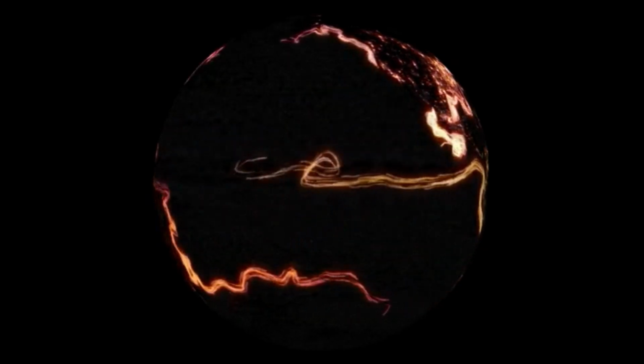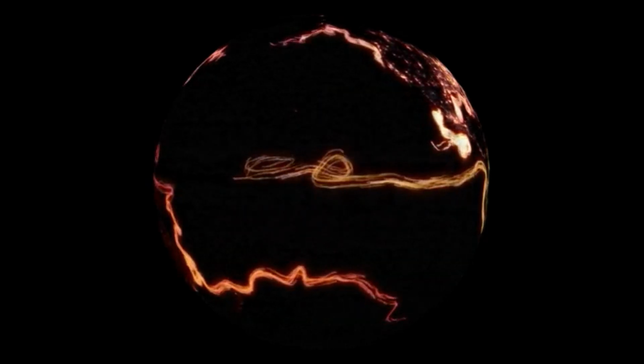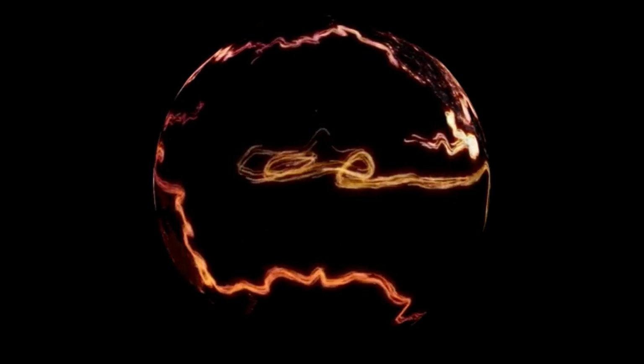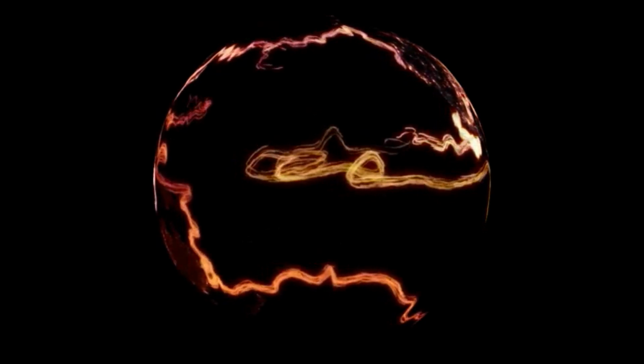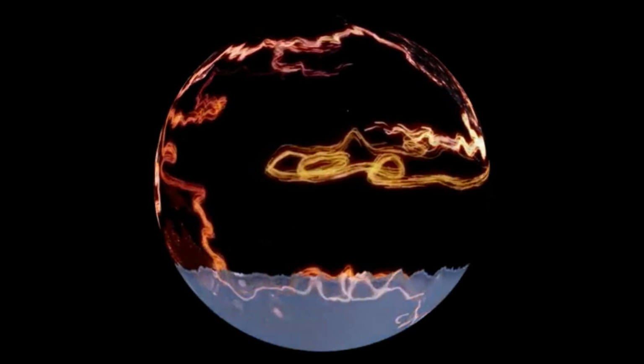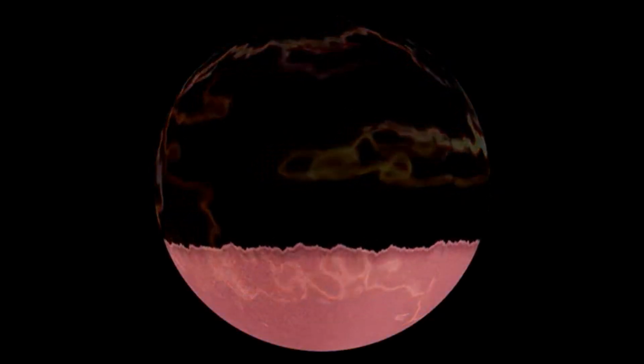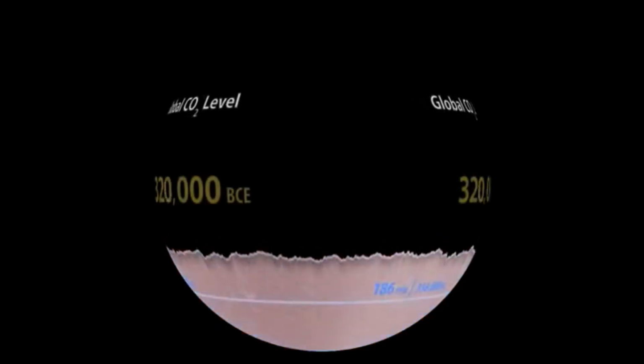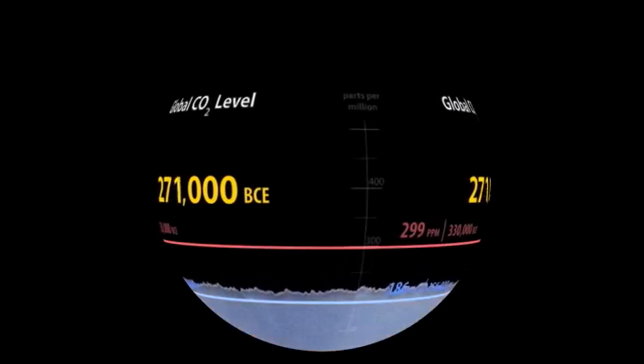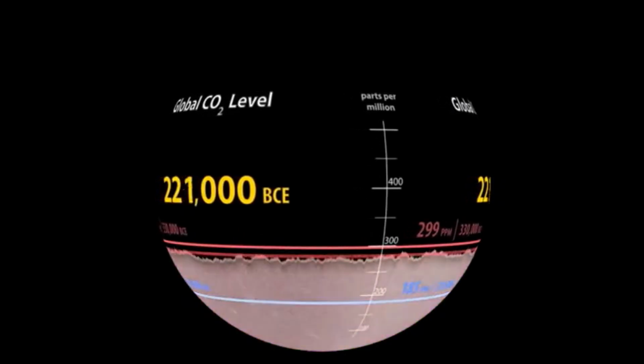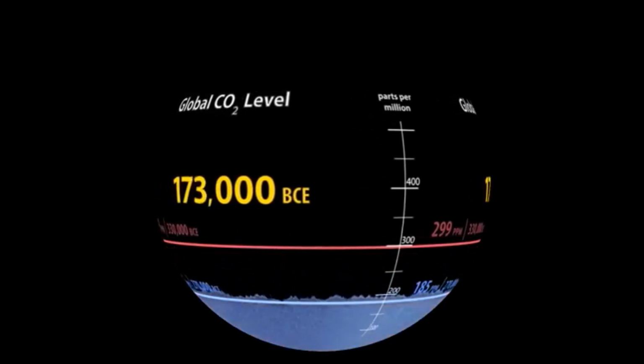But now there are so many of us, and so many little boxes to heat, to keep cool, to furnish, to make larger and larger. Our appetites, our everyday behaviors, all add up to a huge impact on our environment. Our planet has always gone through natural cycles.